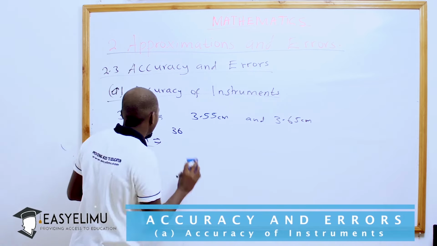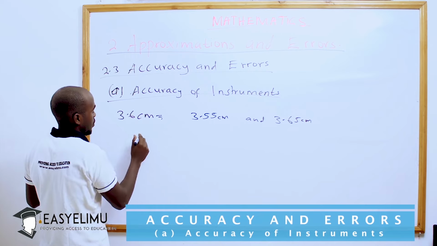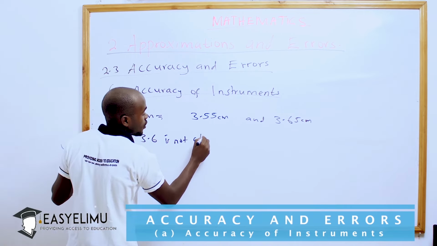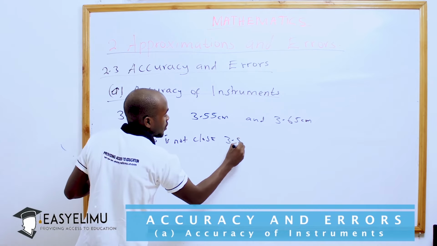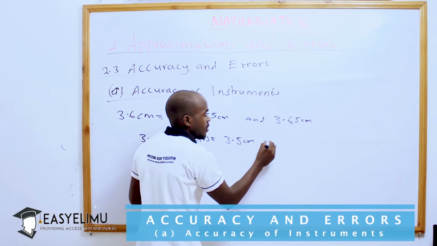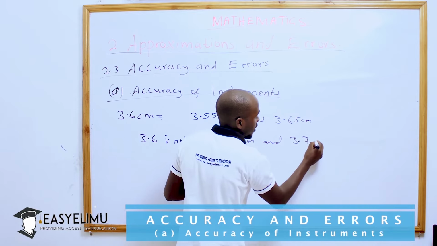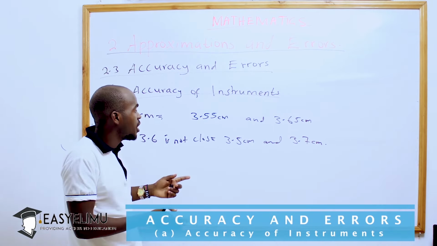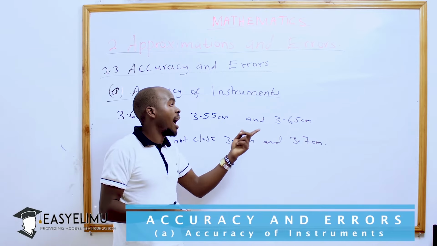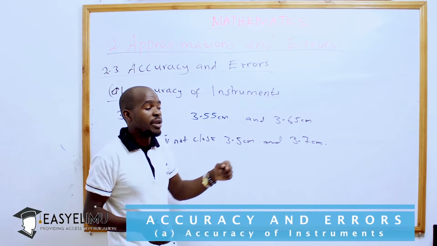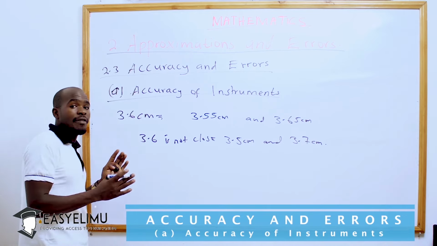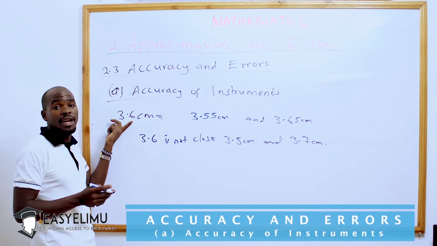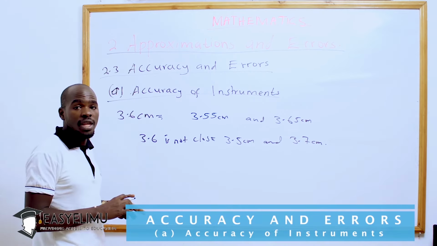It's not close to 3.5 or 3.7 centimeters, but it lies within 3.55 and 3.65 centimeters. That is why we took the average of them, and when you hear that this is the measurement, it means it lies within that range.